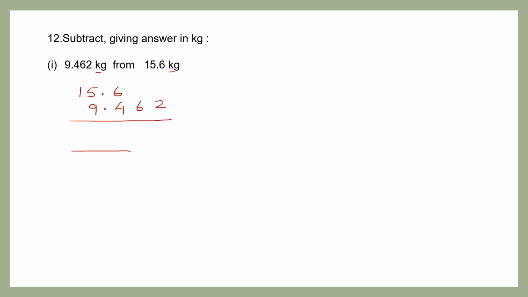Now let's make them like decimals. 0, 0. Write down the unit. Both are kilograms. Now do the subtraction. 0 minus 2 you cannot do. I'm going to borrow from 6. So that is 5, 10, 9, 10. 10 minus 2 is 8. 9 minus 6 is 3. 5 minus 4 is 1, point. 5 minus 9 I cannot do.